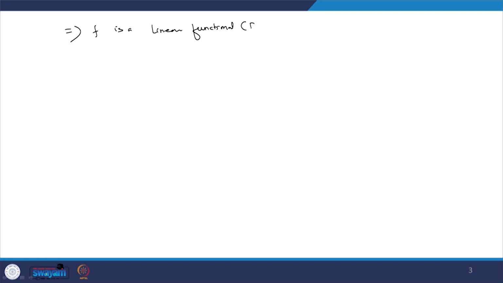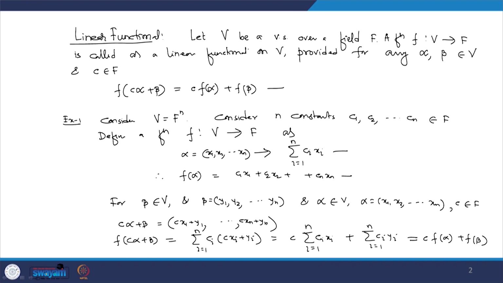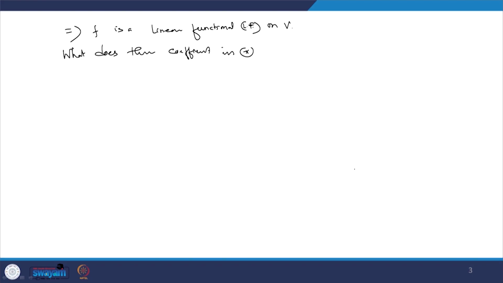So, from now onwards I will write L.F. for linear functionals on vector space V. So, I can raise the question: if I define this as my star, what does the coefficient in star represent?